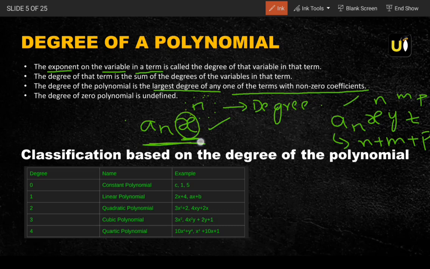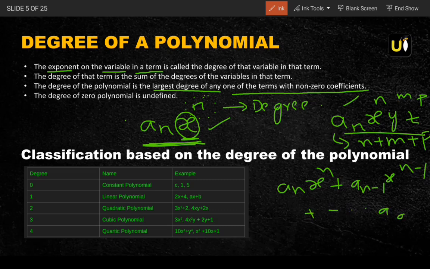This is also a term, this is also a term. Okay, don't get confused. So for example, we are having a big polynomial like a_n x^n + a_(n-1) x^(n-1) and so on up to a_0. So here the exponent is getting decreased. So now what does the degree in this polynomial mean?